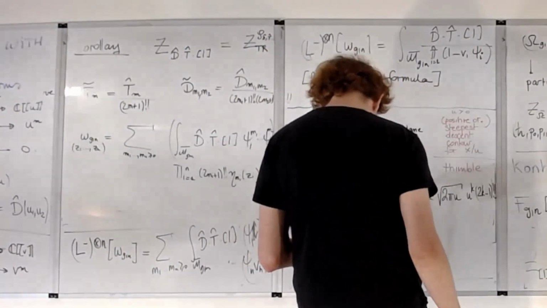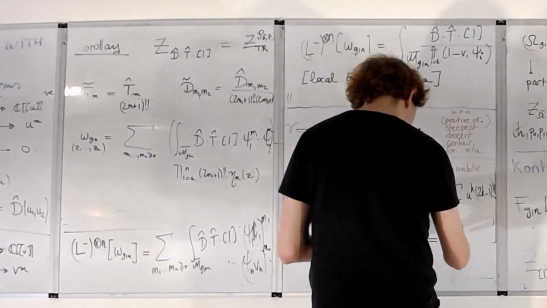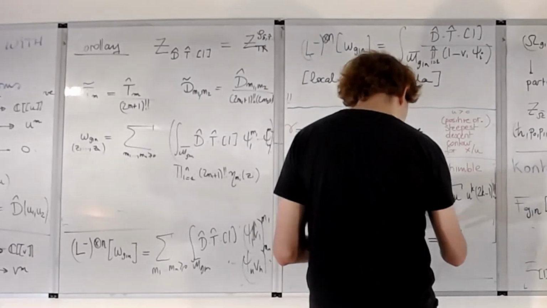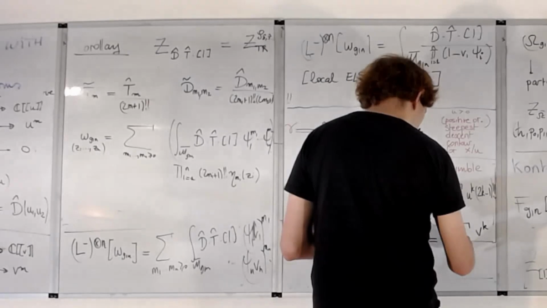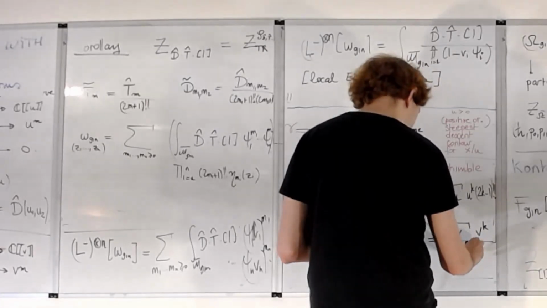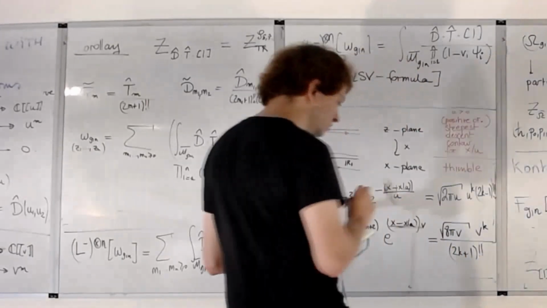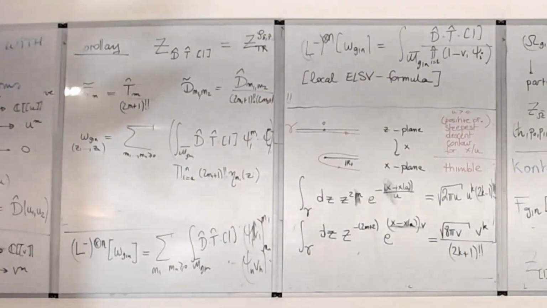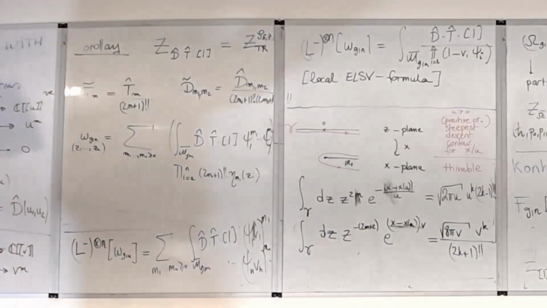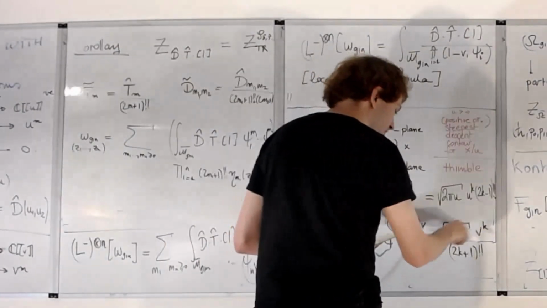And if I'm not mistaken, you're going to obtain 8 pi v to the k over 2k plus 1 double factorial. What I'm not totally sure about is a factor of 2 and the global sign. But the rest is okay.